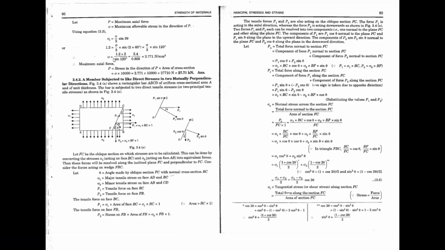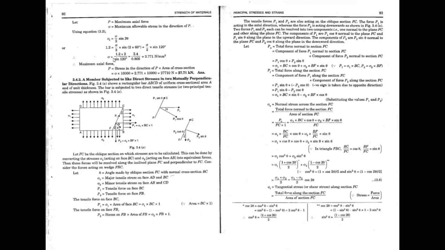The relation: sigma equal to P by A. Stress equals load by area. We know the sigma value and the area. To calculate the load, maximum axial force P equals stress in the direction of P into area of cross section.